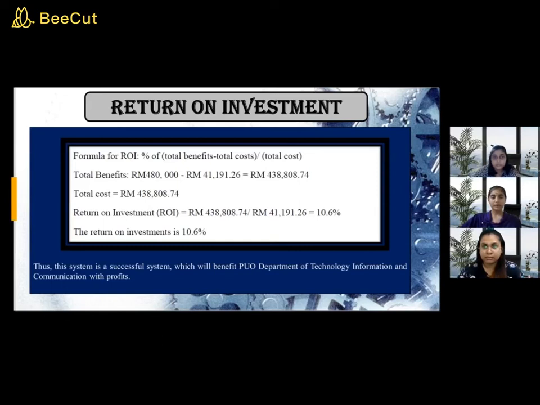Return on investment is 438,808.74 divided by 41,191.26, which equals 10.6. The return on investment is 10.6%. Thus, this system is a successful system which will benefit the Department of Technology, Information and Communication with profit.